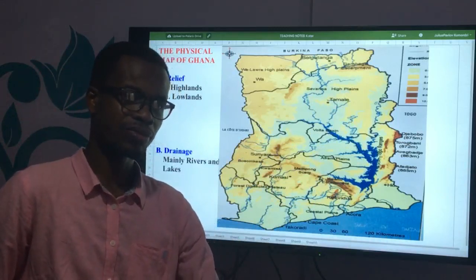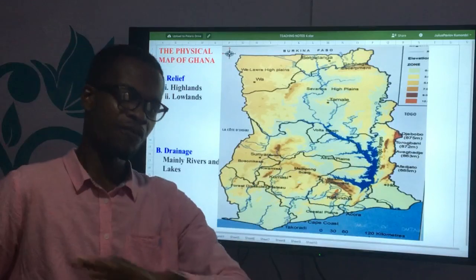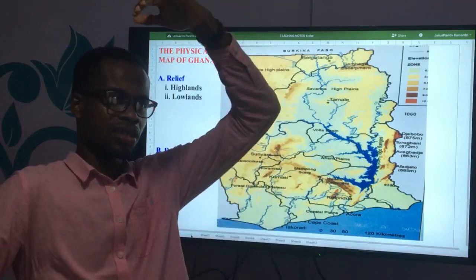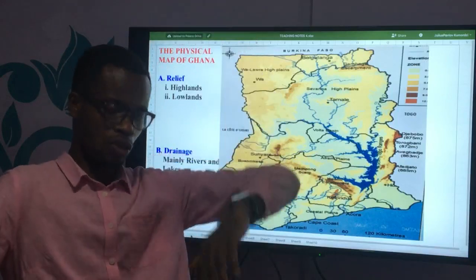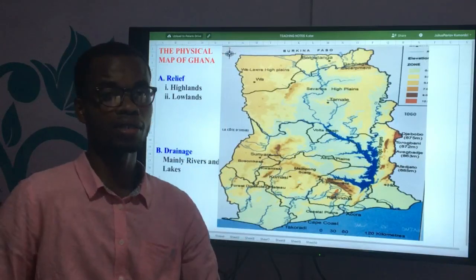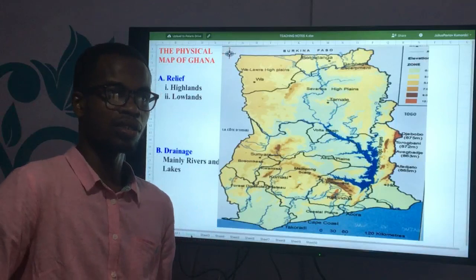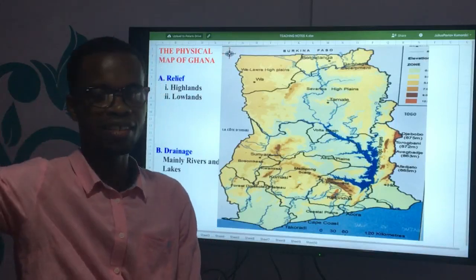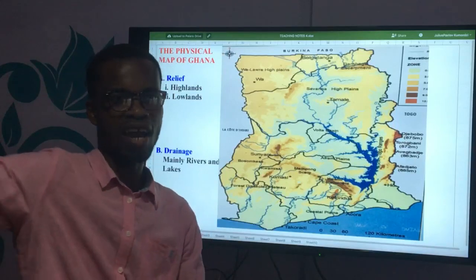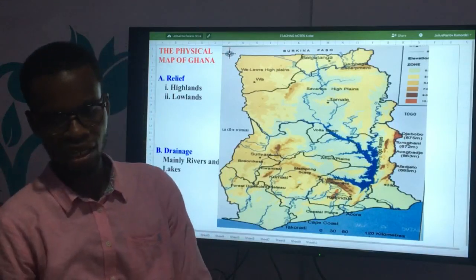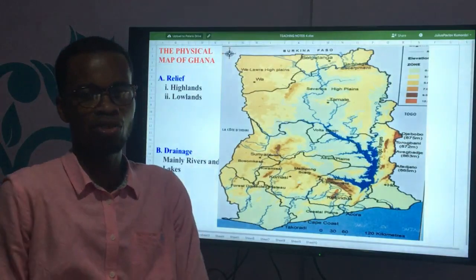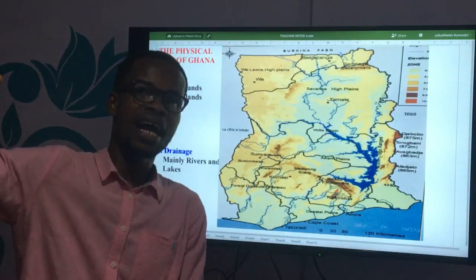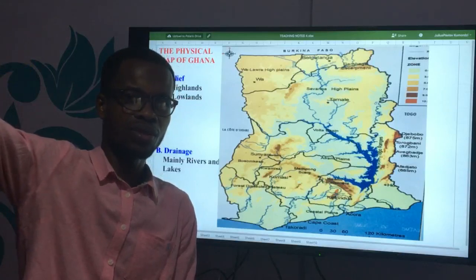So from that part you can measure the surface of the land, because when someone is standing on the land and another person is standing at the other end, you can't tell whether one is higher or lower, unless you measure from a common point.